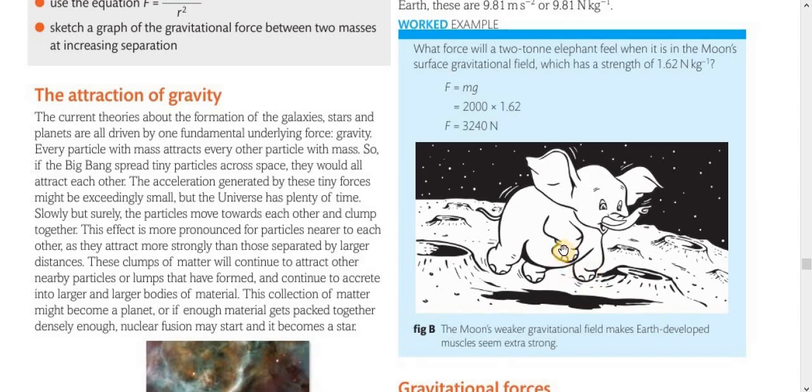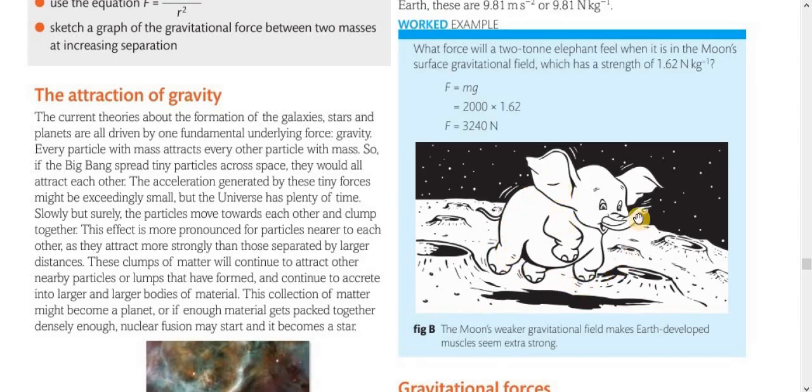It will take a longer time to go to the highest point and to fall back down to the moon. But on the earth, if it jumps, it falls down very quickly. On the moon, it goes up like that, and comes down like this. That's what this diagram shows.